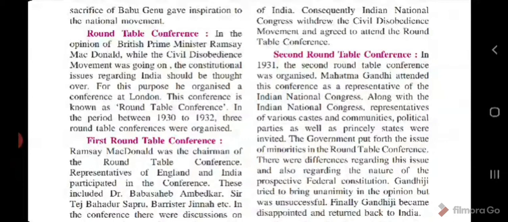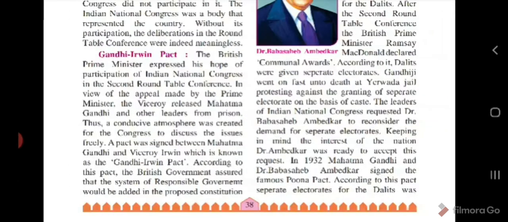Now, what is the Gandhi-Irvin Pact? In view of the appeal of the Prime Minister, the Viceroy released Gandhiji and other political leaders from prison. In this conducive atmosphere, a pact was signed between Gandhiji and Viceroy Irvin.